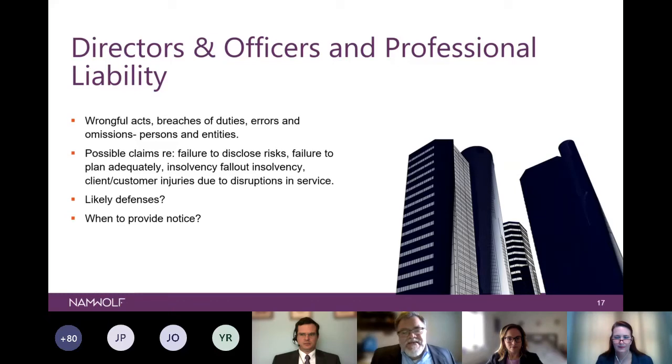If the economy does turn south and there are a large number of insolvencies that result because of the shutdowns, the stay-in-place orders, and the attempts to moderate the curve, bankruptcy trustees can be expected to make claims that management failed to take account of the risks that were out there at the time, or failed to disclose risks adequately, or failed to plan for supply chain disruptions.